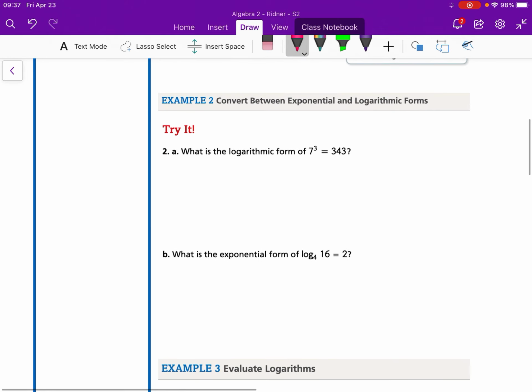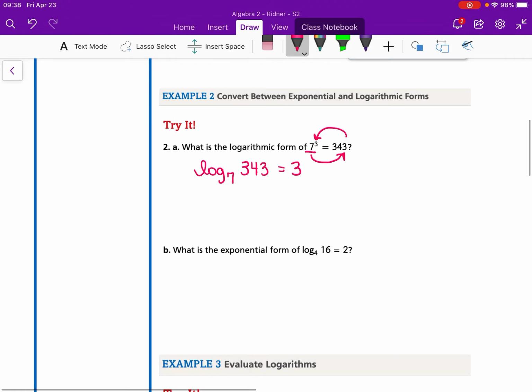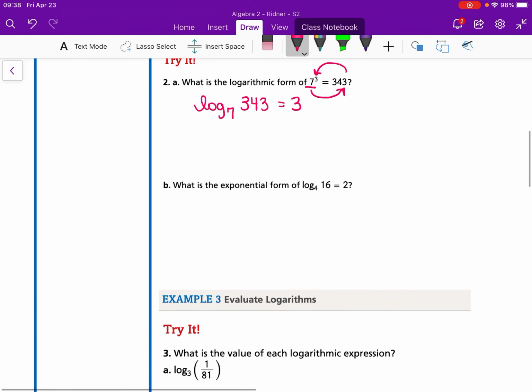Okay. All right, so quickly, let's try a couple more converting forms. So we start with the base of the exponent and write log base 7. Go across the equal sign, and that equals the exponent. Go the other way. What is the exponential form of log base 14 of 16?